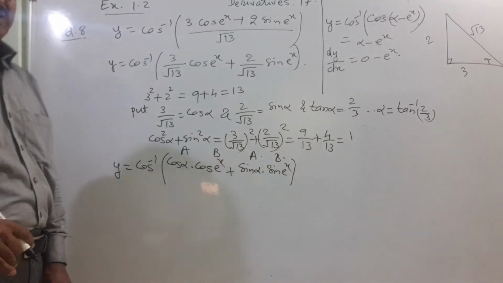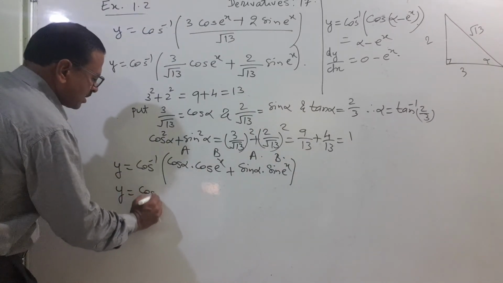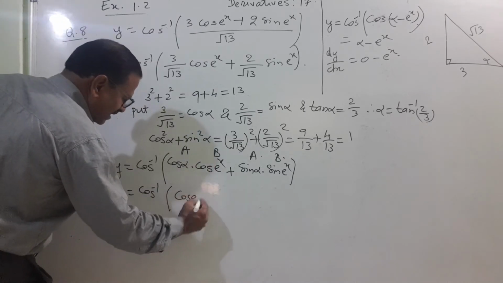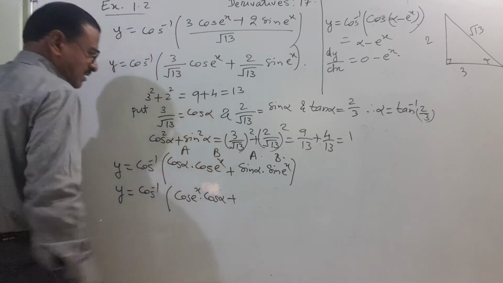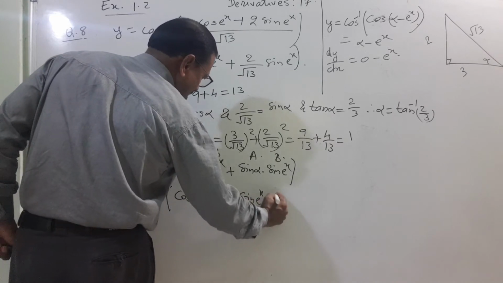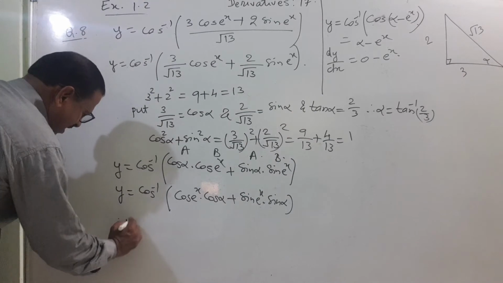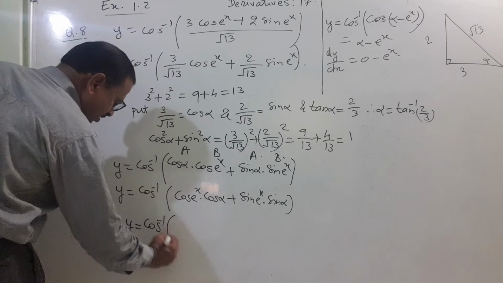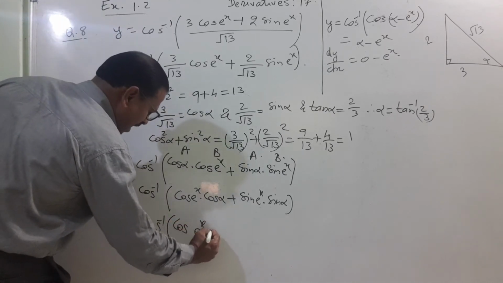This is one answer. If I write like this, y is equal to cos inverse of cos of e raised to x into cos of alpha plus sin of e raised to x into sin of alpha. Therefore, y is equal to cos inverse of cos of e raised to x minus alpha.